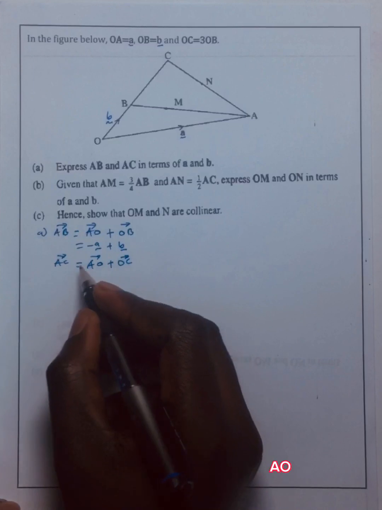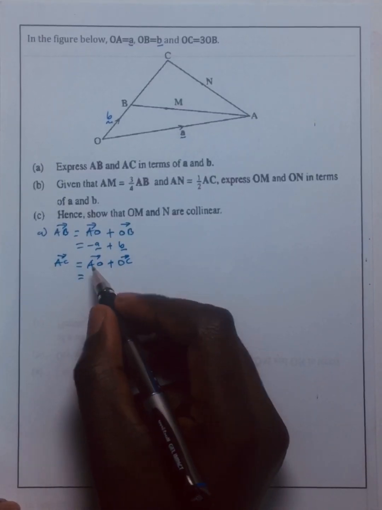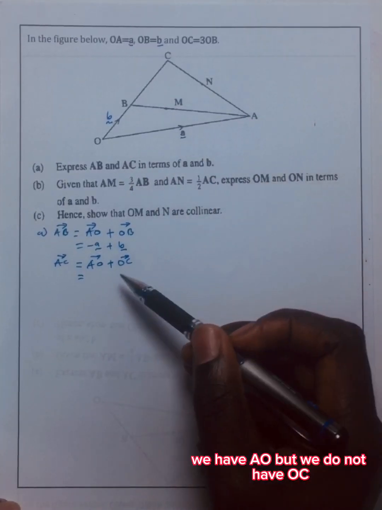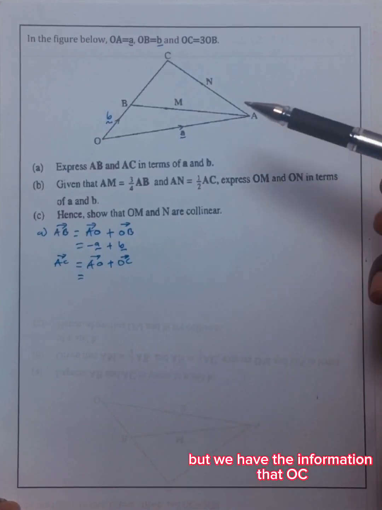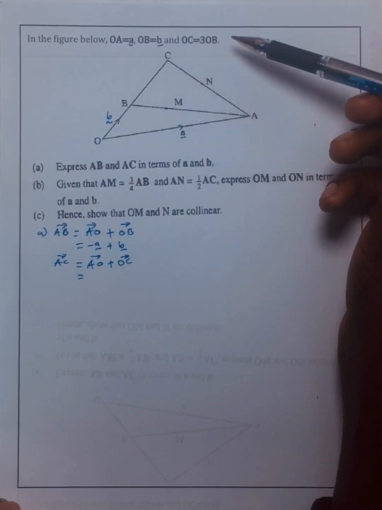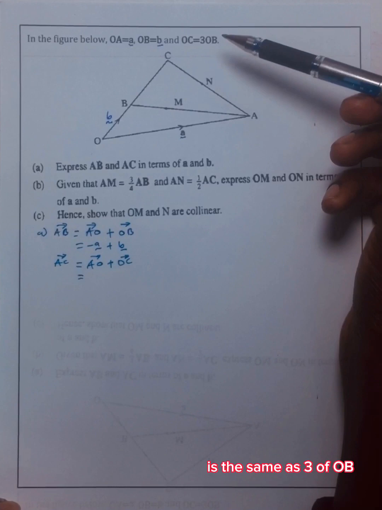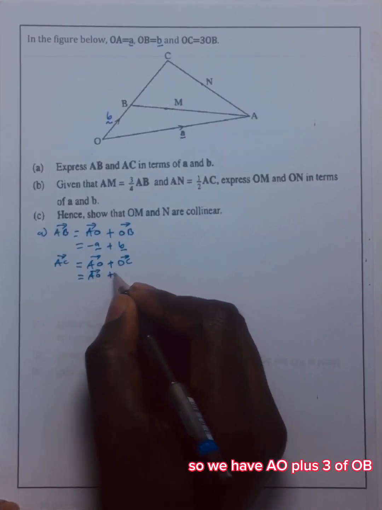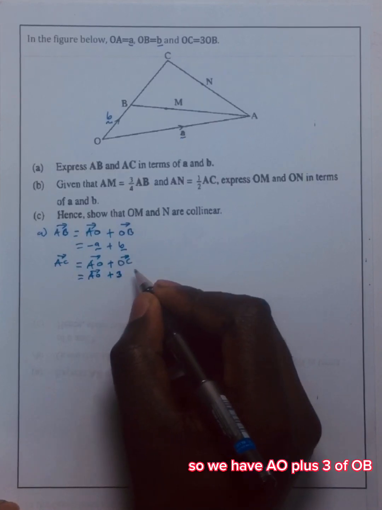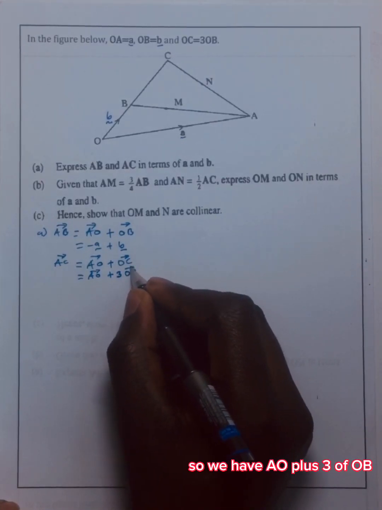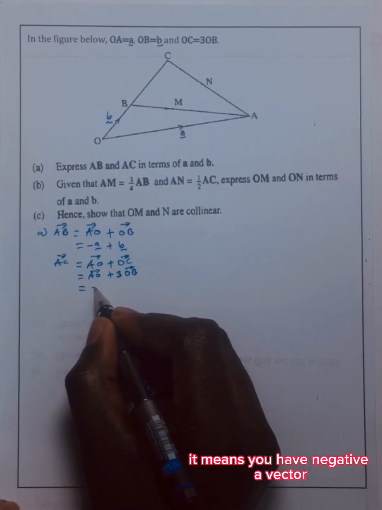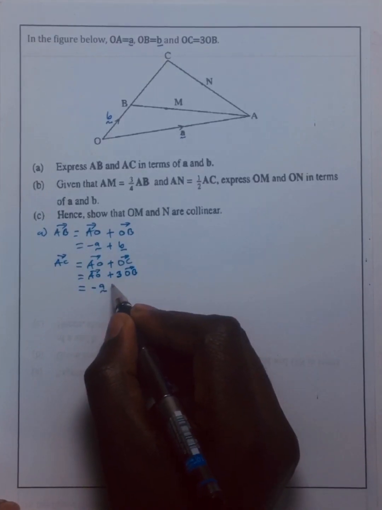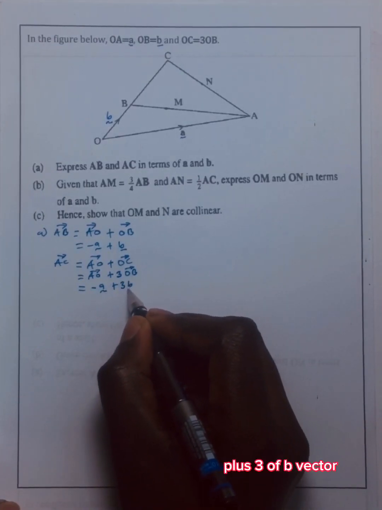We have AO, but we do not have OC, but we have the information that OC is the same as 3 of OB. So we have AO plus 3 of OB. It means we have negative vector A plus 3 of vector B.